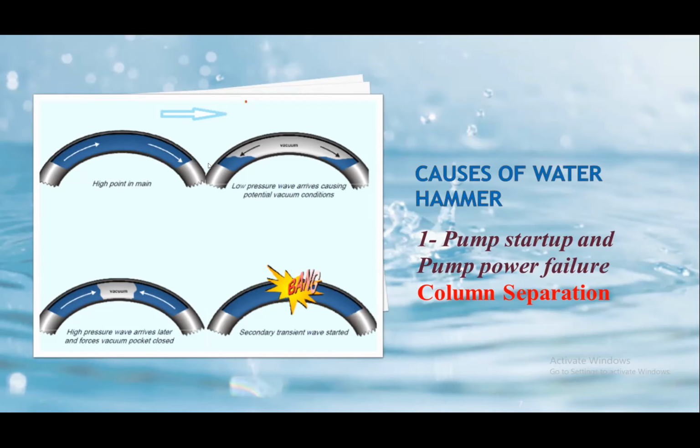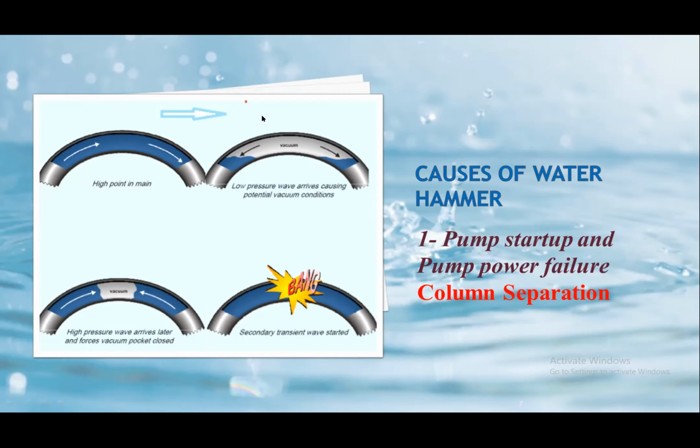In this figure, one is going to return to the pump direction, and the other is going back to the destination, because there is no pump to pressurize the flow through the pipeline. It's a gravity system, so the flow is going to act under gravity and separate into two columns. One is going to return to the pump direction and the other to the destination direction.